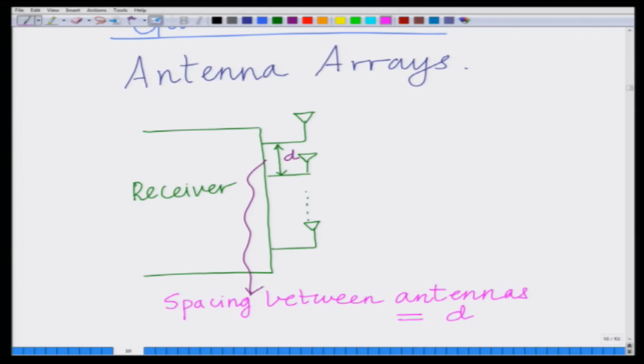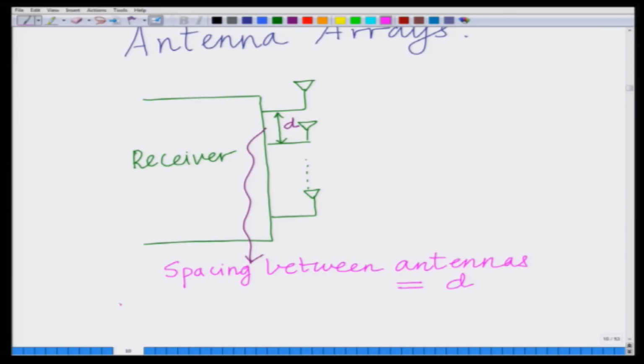So, this is a linear array of antennas, in the sense that antennas are arranged in a line, and the spacing between adjacent antennas is d, that is, each antenna is spaced at length d from the next antenna.